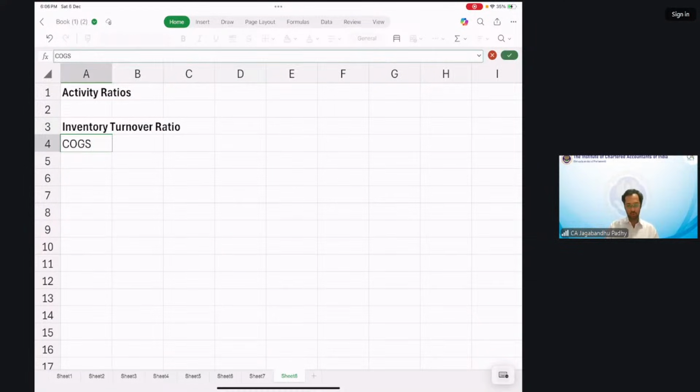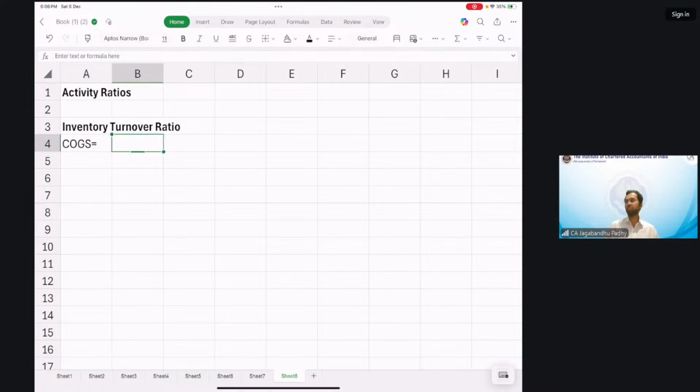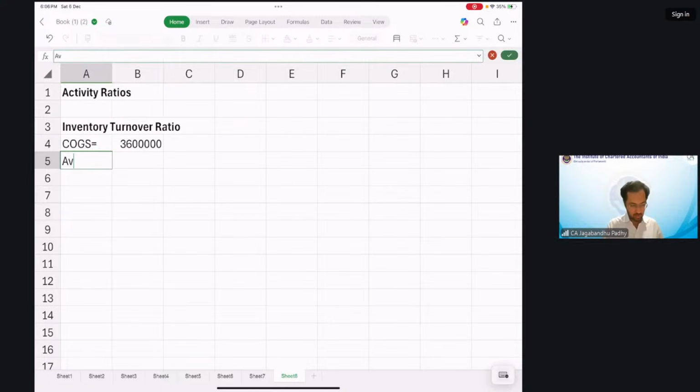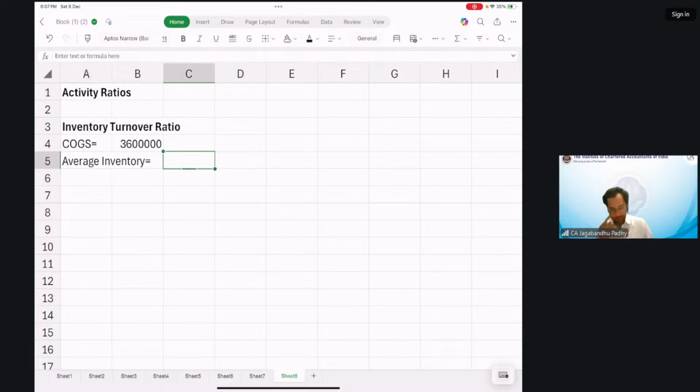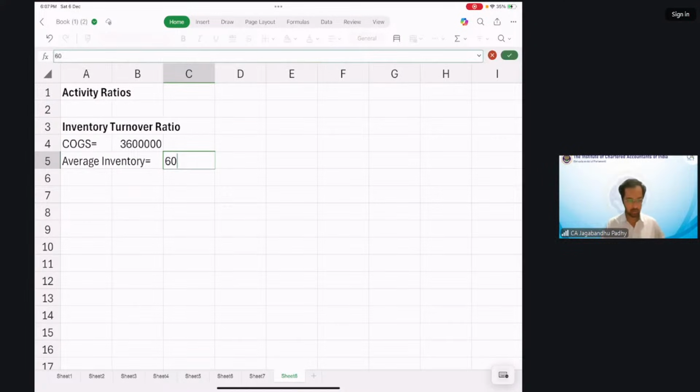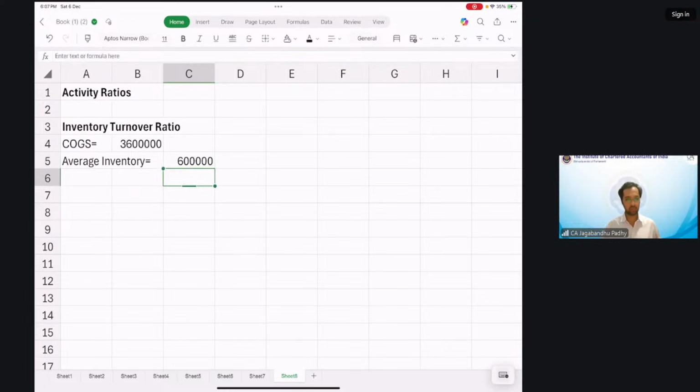Let's say our cost of goods sold is 36 lakh, guys, and the average inventory that we are maintaining is 6 lakh, right? So cost of goods sold is 36 lakh and average inventory is 6 lakh.